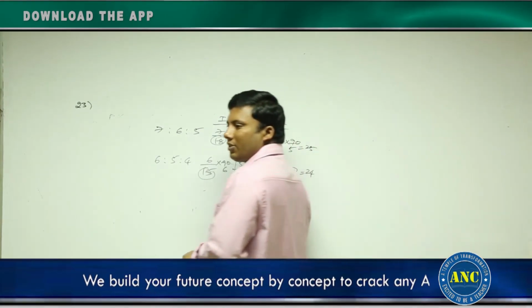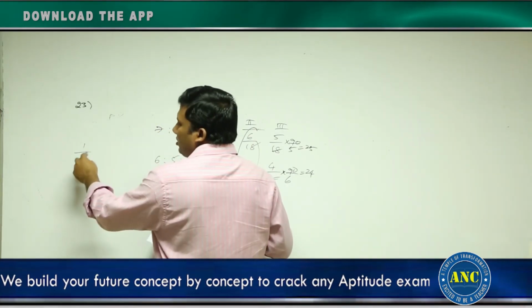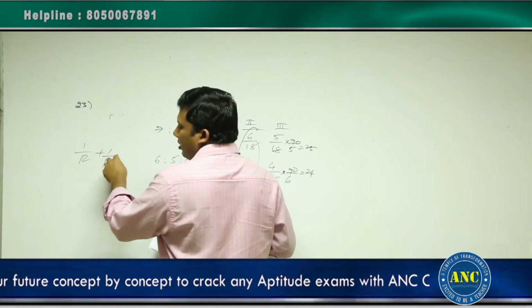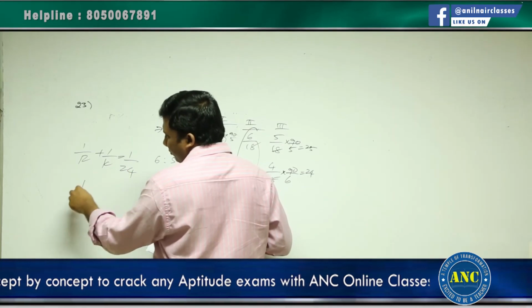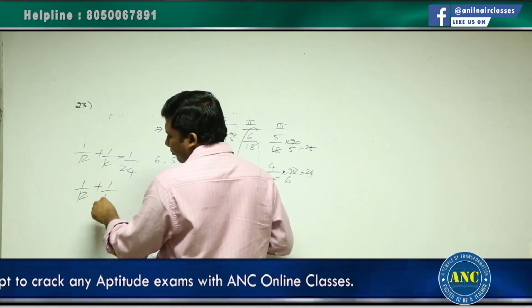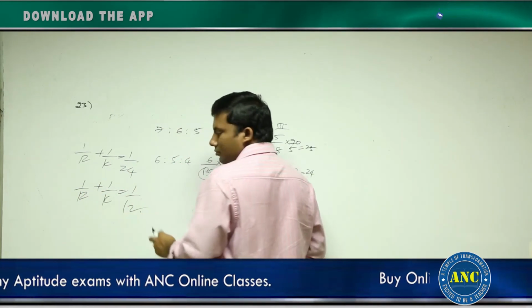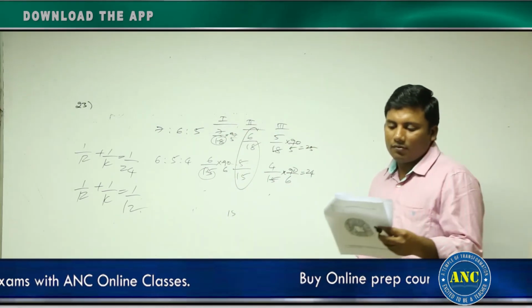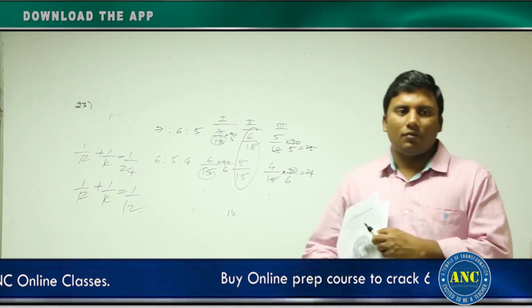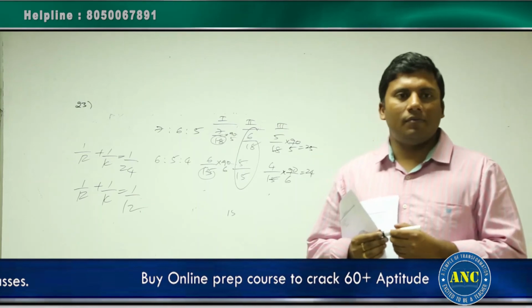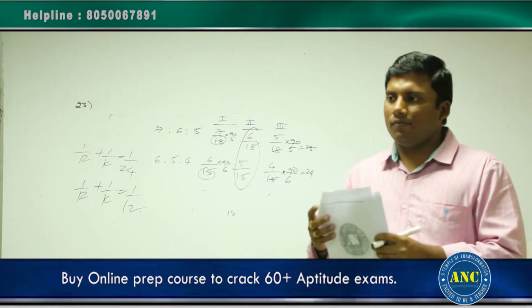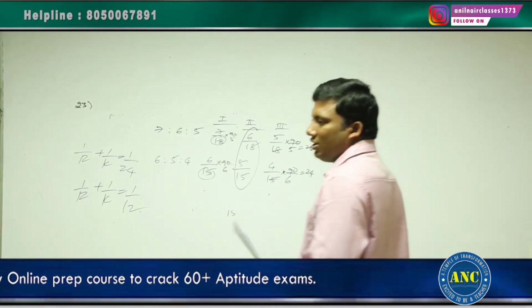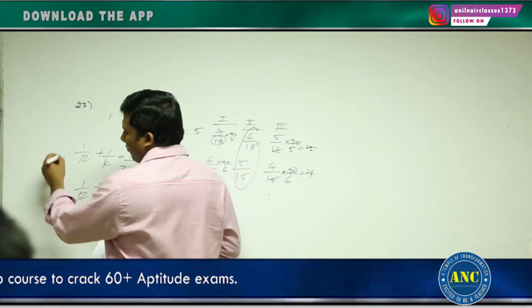Now, tell me which equation is right, which equation is wrong. First one is wrong. So this equation is wrong because of alternate days.